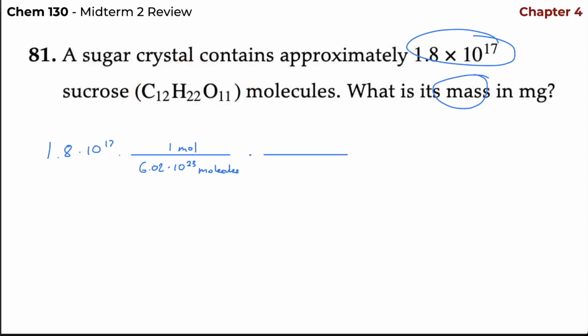We have 12 carbon atoms times 12.01 atomic mass, and then 22 hydrogen atoms times the atomic mass of 1.01, and then 11 oxygen atoms times 16 grams. All of that is the same as 1 mole of this molecule, right?